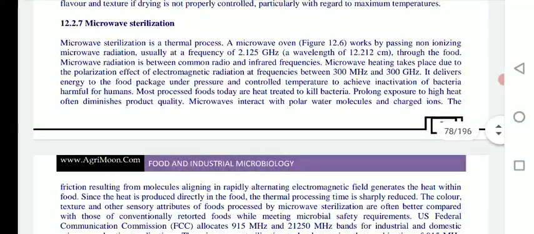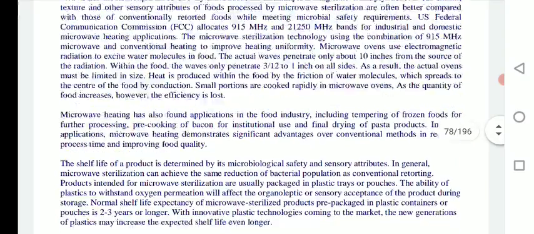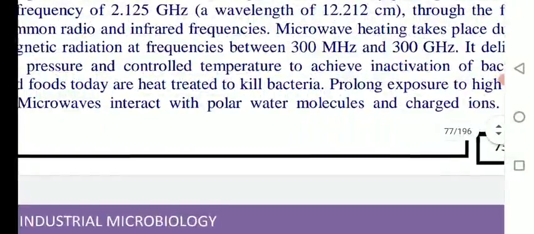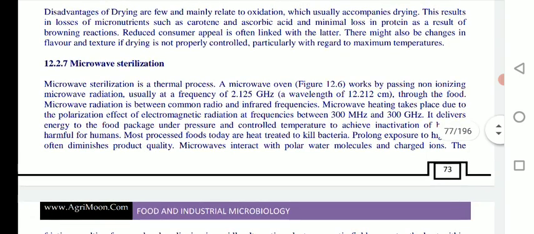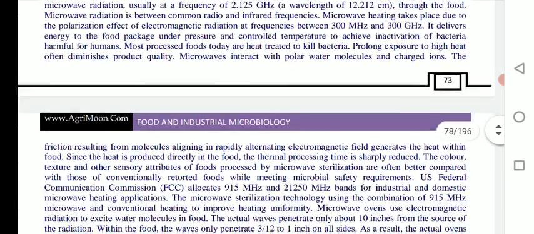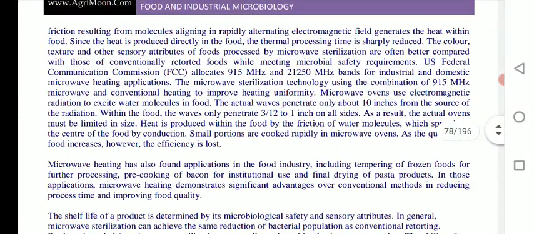Then next, microwave sterilization. In this particular type, we use microwaves for sterilization of different kinds of foods. So in these various kinds of microwave combinations, we use radiation at different frequencies, that is, from 300 megahertz to 300 gigahertz. Due to this microwave radiation, most of the microbes get killed.